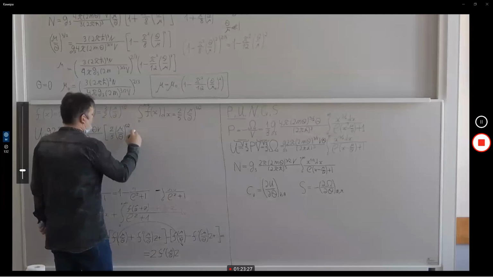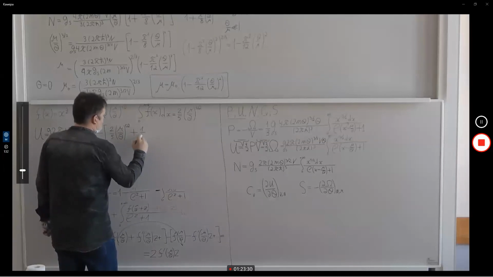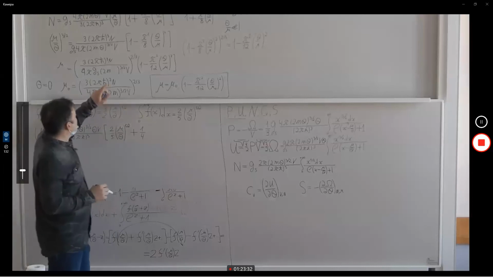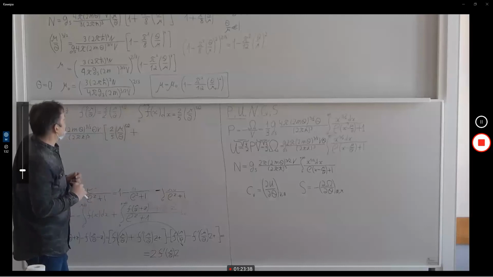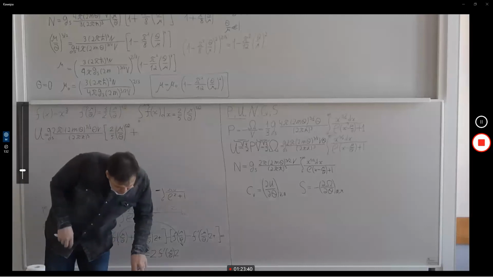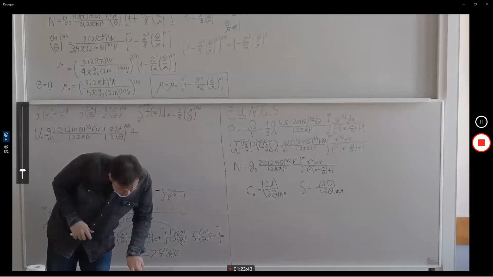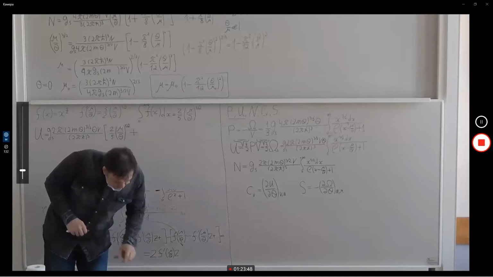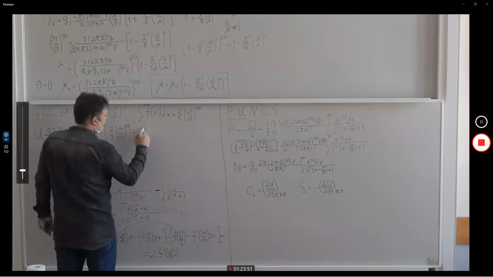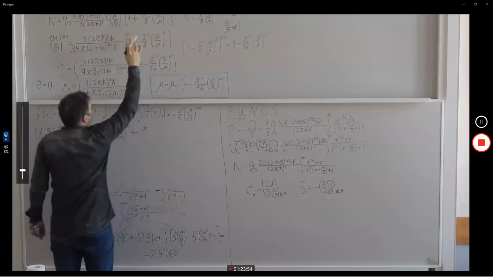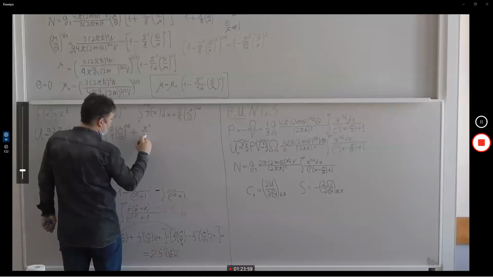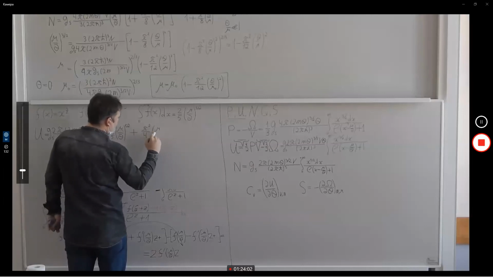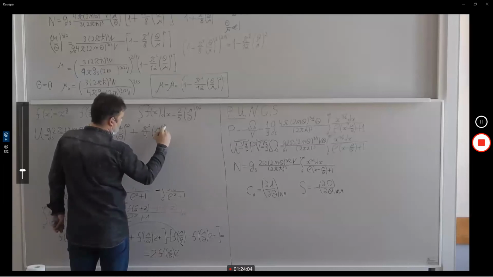And here I have plus 1/4, not fourth. Okay, just let me look. 1/4, because here 1/8, but here it will be 1/4, pi squared divided by 4, mu divided by theta to the power 1/2.